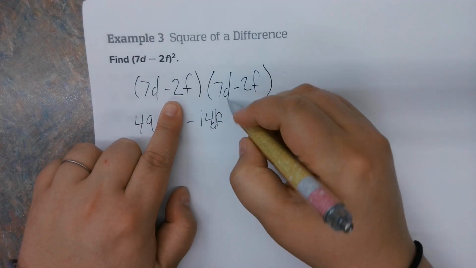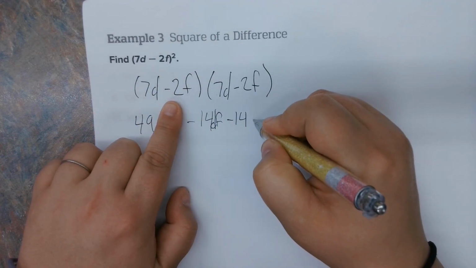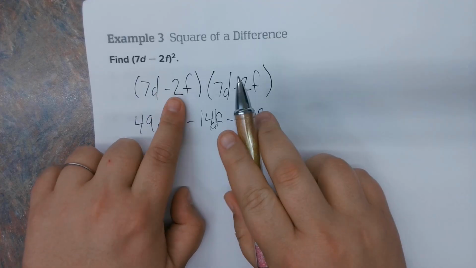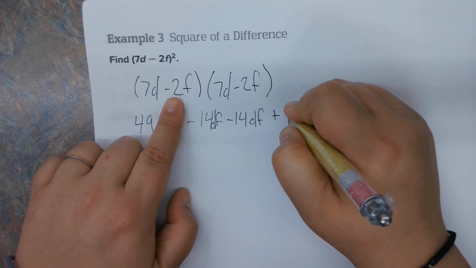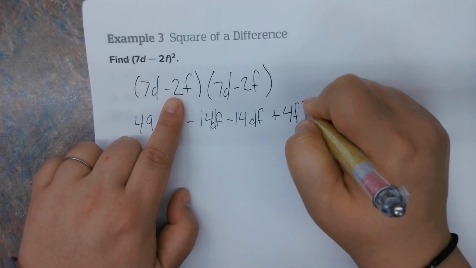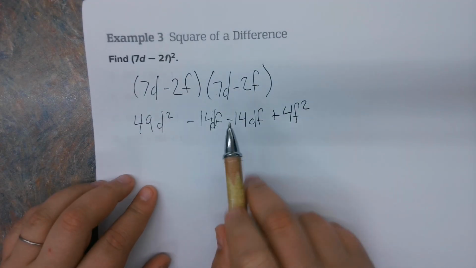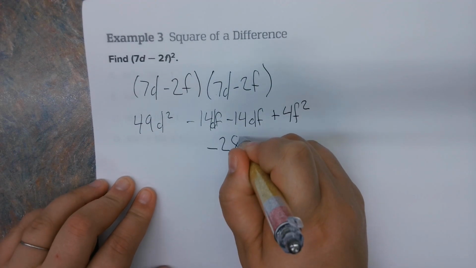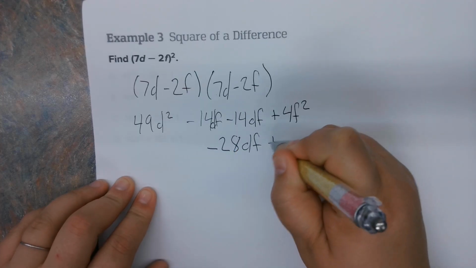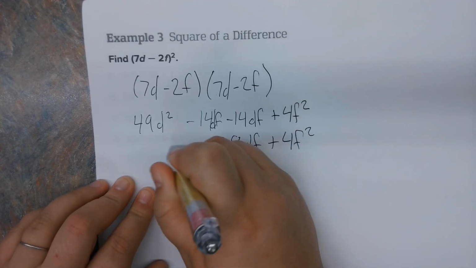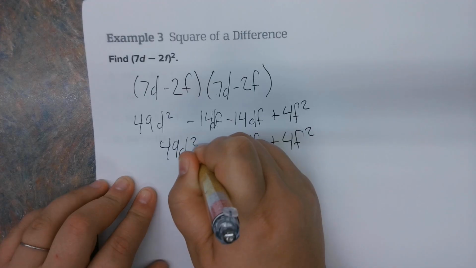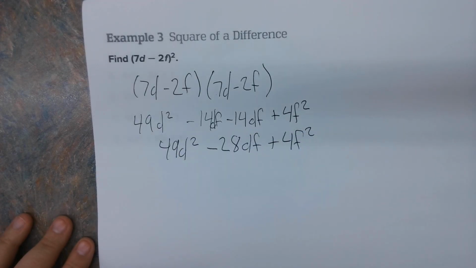Negative 2 times 7 is negative 14df. And then negative 2 times negative 2 is positive 4f squared. So this is positive, these are negative. Negative 14 minus negative 14 is negative 28df. Bring the other things down. Okay?